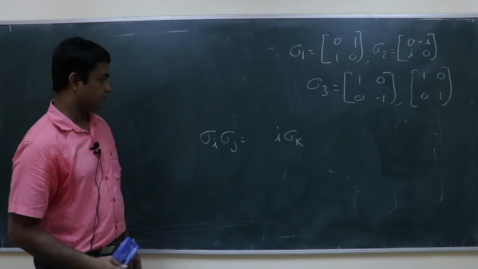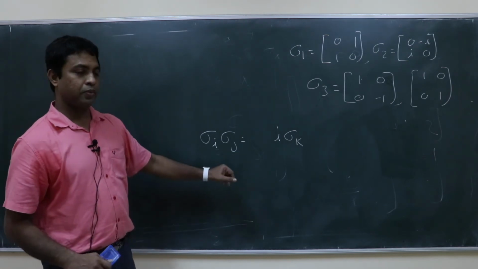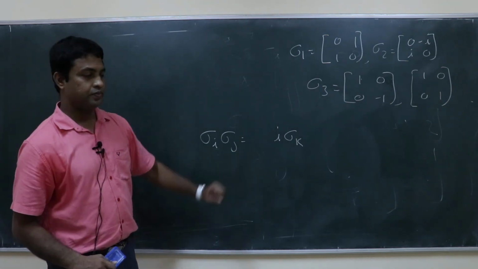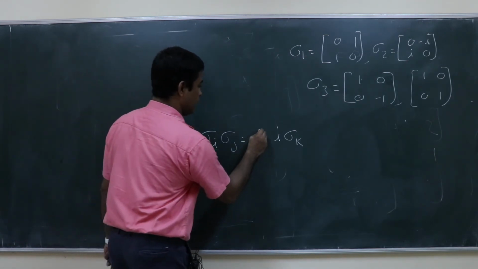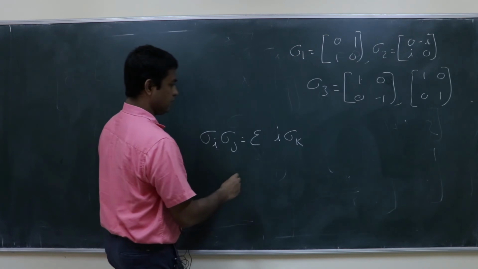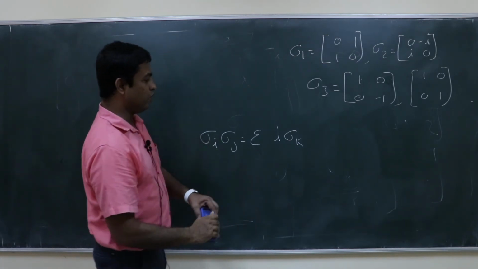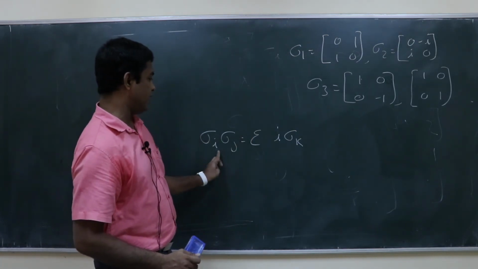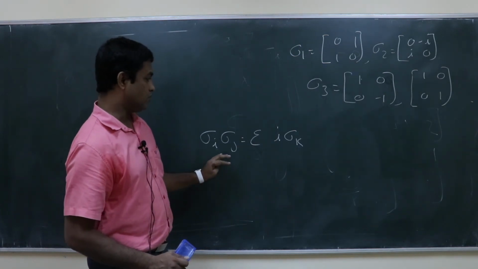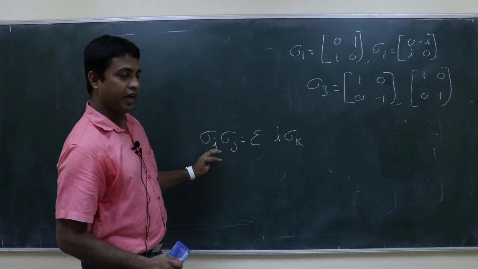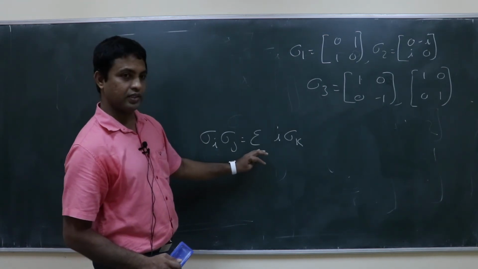For a cyclic permutation, what should I put here? Epsilon ijk. Because there is something wrong now, because i and j are free indices and k is a free index. So that is not correct, right? So i and j should appear on the right hand side also.